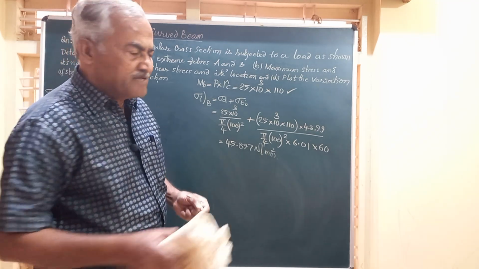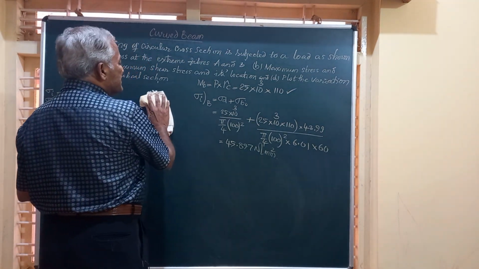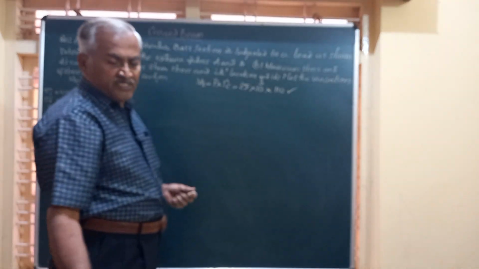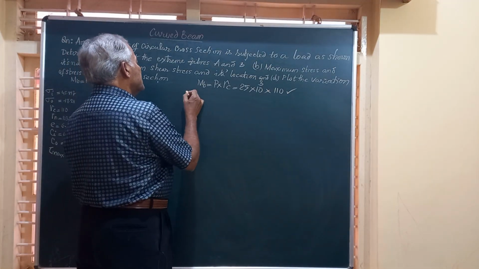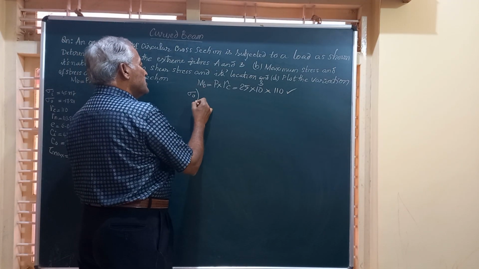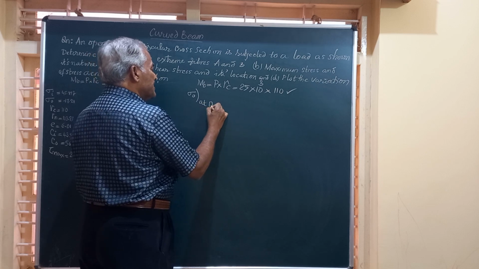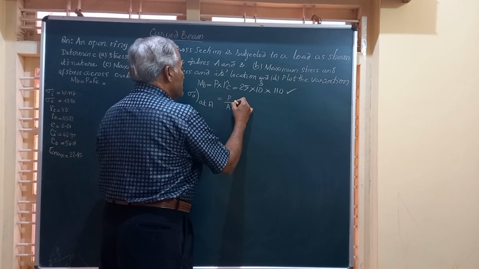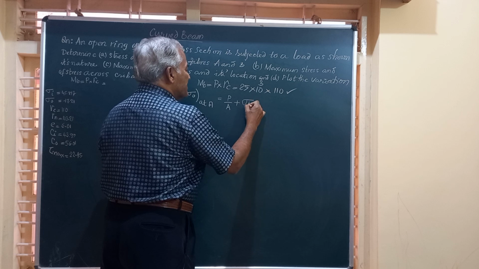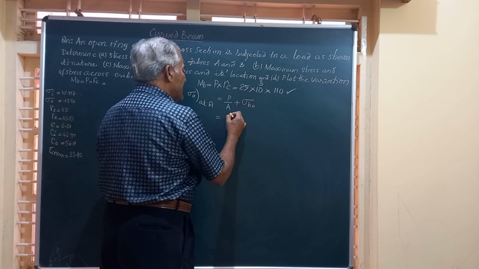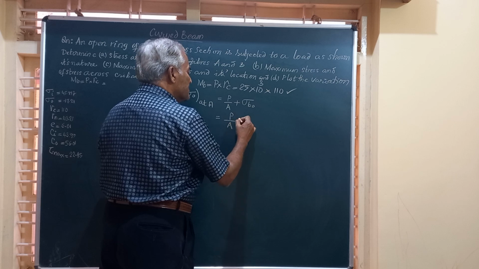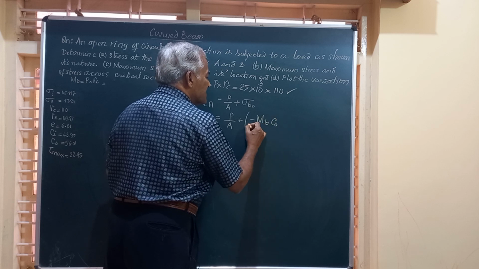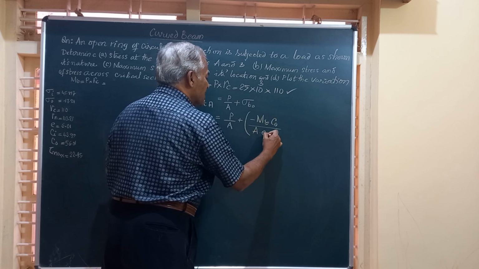Friends, on the same line, we will find out what is the stress at the outer fiber. The outer fiber, if you refer to the figure, is A. I will say sigma O at B. Sorry, at A. A is the outer fiber. It is given by the same formula, P by A plus sigma B naught, and this is written as P by A minus MB C naught, divided by A E R naught. The formula is available in the handbook.